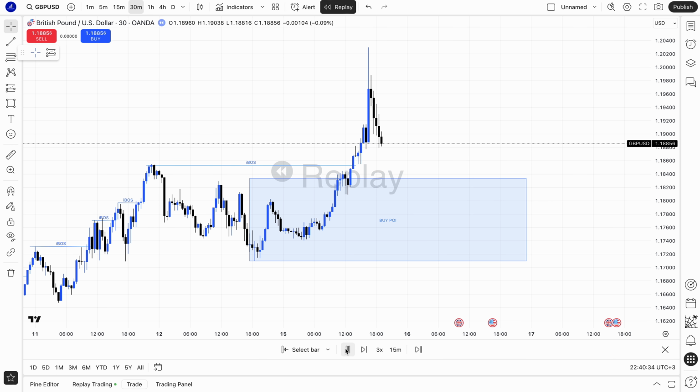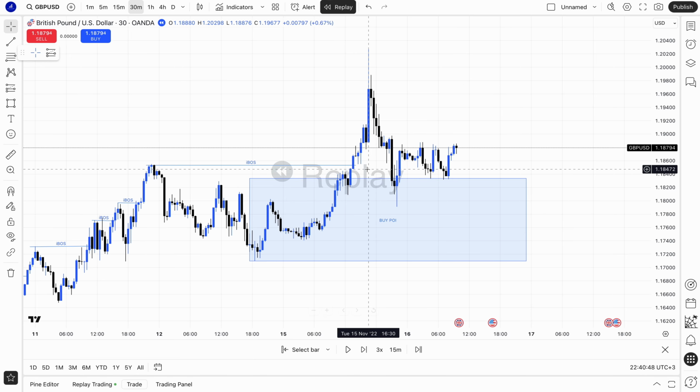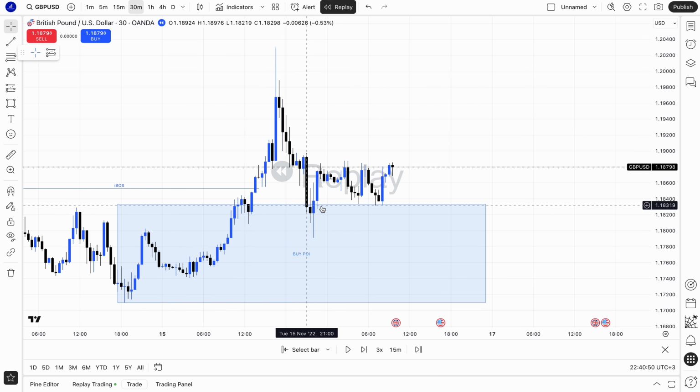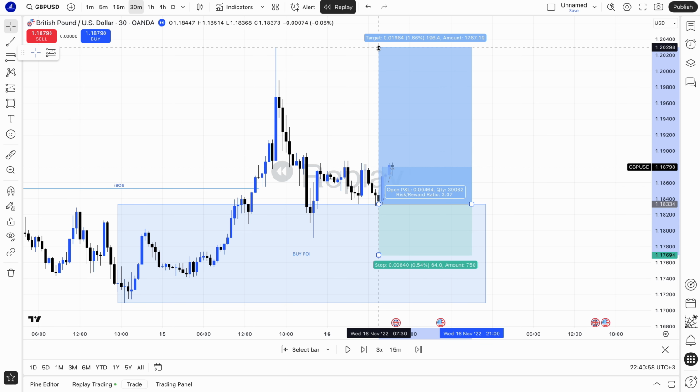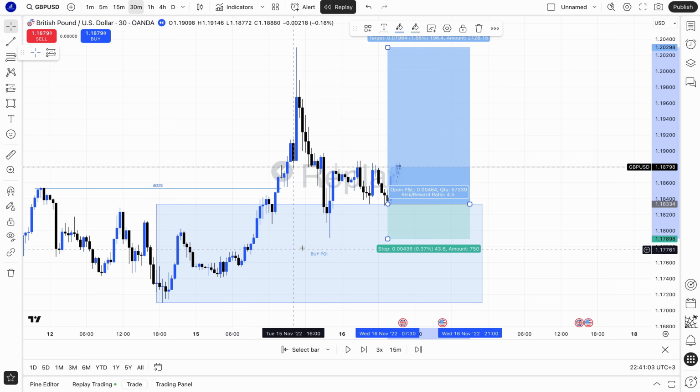So let's see what's really happening. You see, we got this tag and our confirmation from here, and our entry just here. So we target the next swing high, our break even just below here.